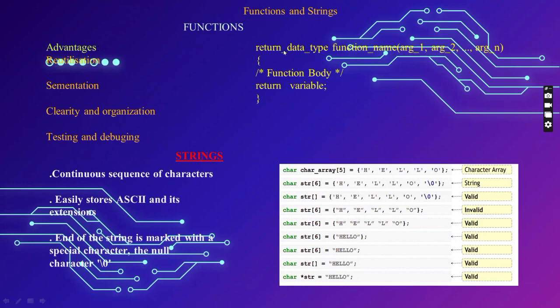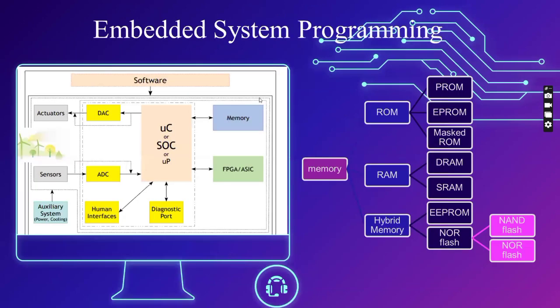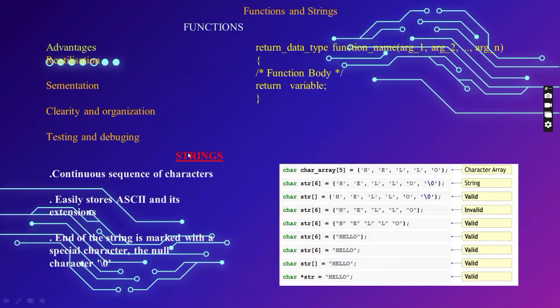To declare and write a function, we have to write the return data type, the function name, then the arguments, then the function body written in curly brackets. We have strings. A string is a continuous sequence of characters, and it easily stores ASCII and its extensions.